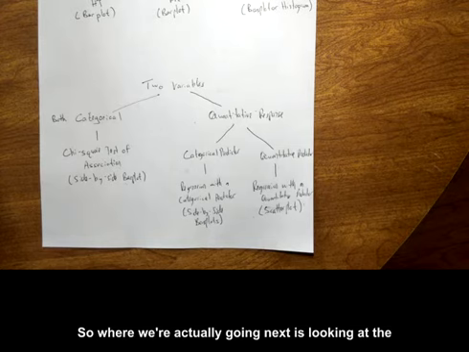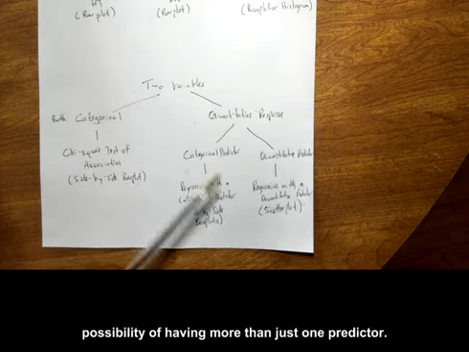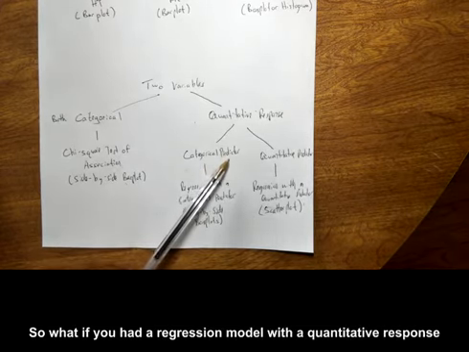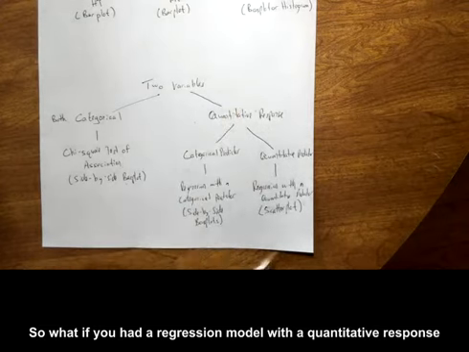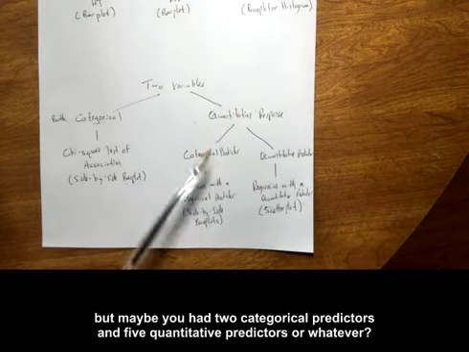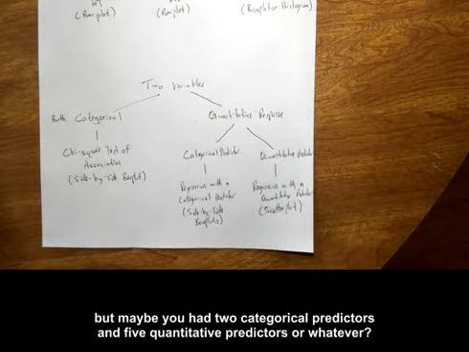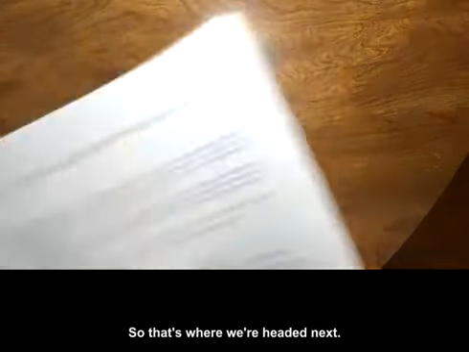So where we're actually going next is looking at the possibility of having more than just one predictor. What if you had a regression model with a quantitative response, but maybe you had 2 categorical predictors and 5 quantitative predictors or whatever. That's where we're heading next.